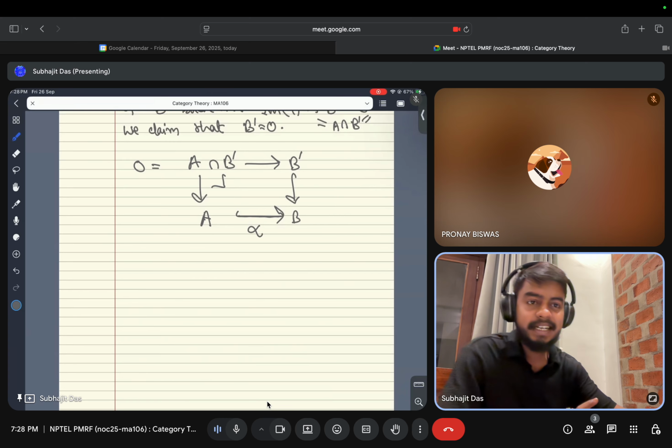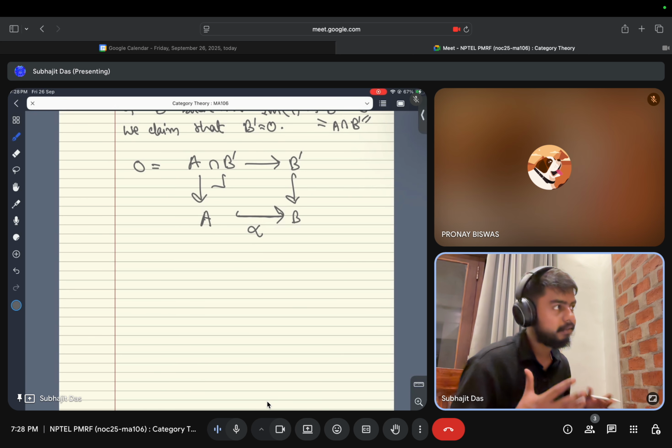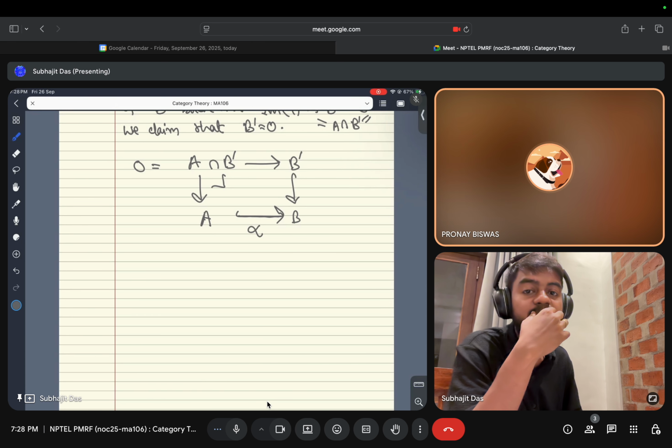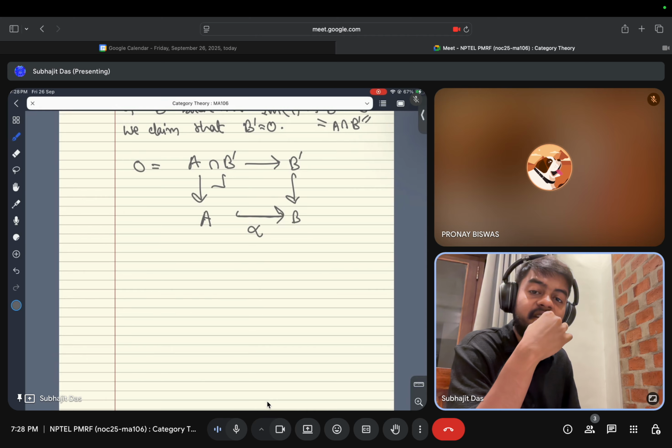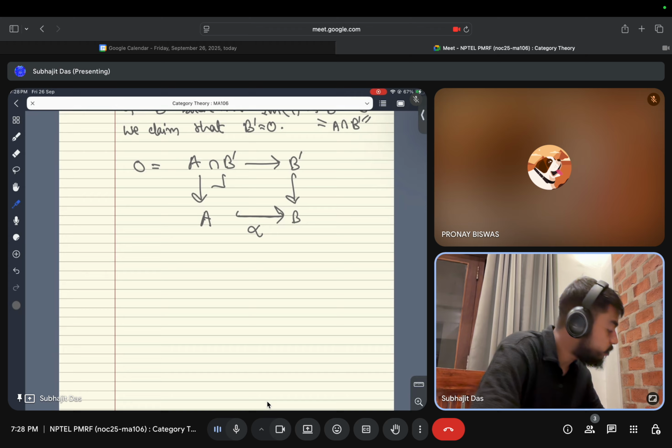So let's have a diagram for this. Kernel of what? No, but that would come before, right?